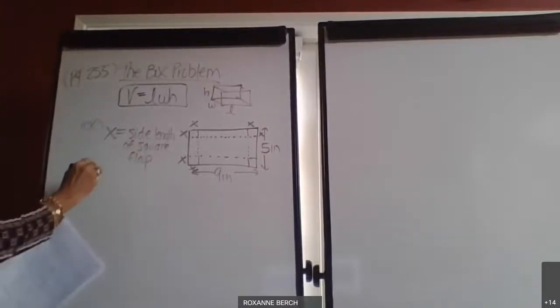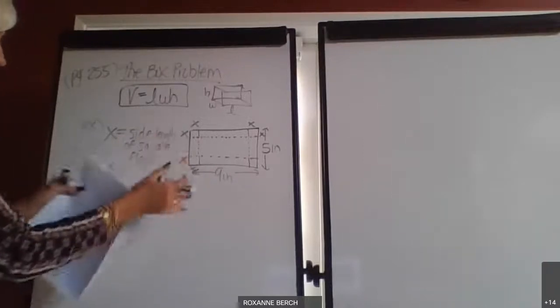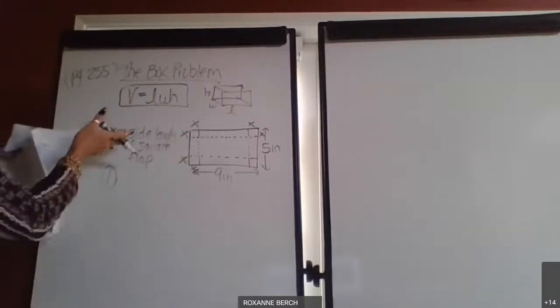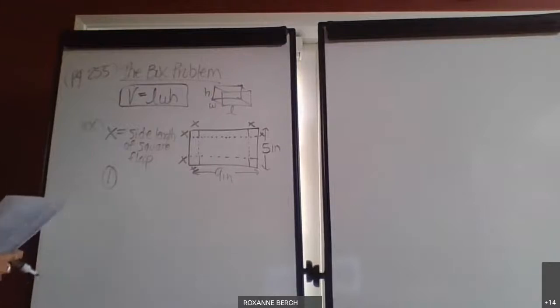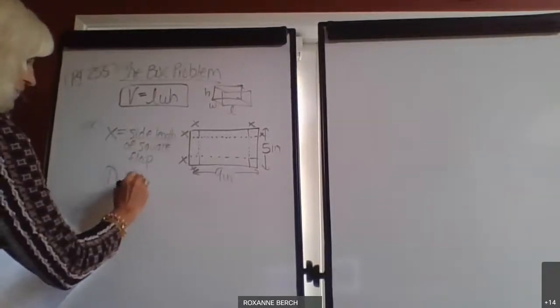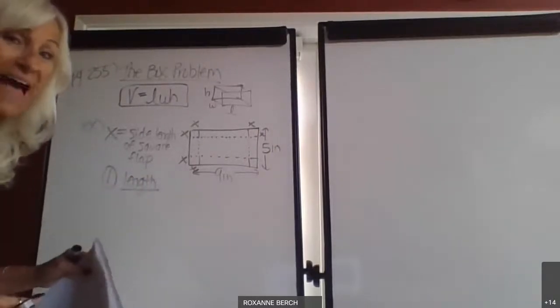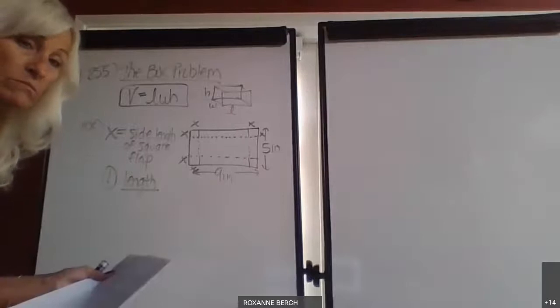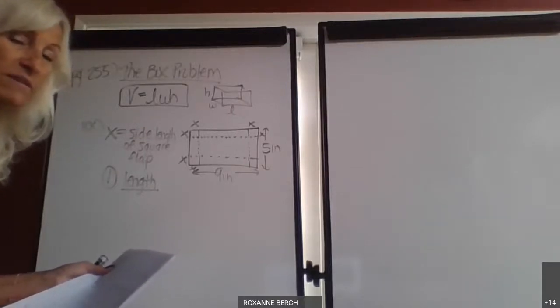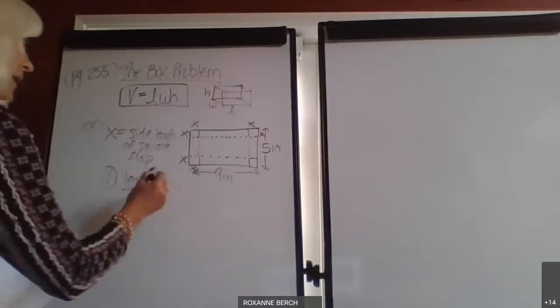So basically what we're going to do is define the length, the width, and the height in terms of the side length of the square flap. So let's take a look at the length first. And remember what our goal is. Our goal is to find the maximum volume of the box, with the x being what? Who knows? All right.